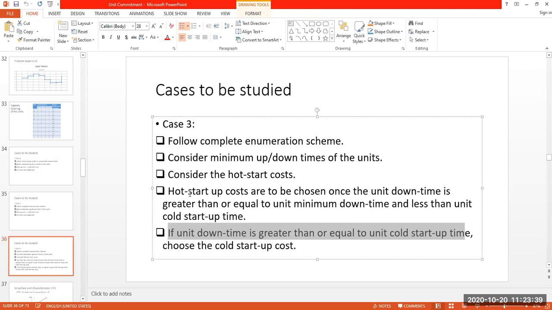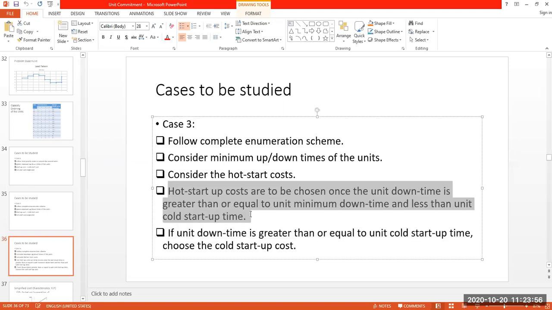But if your unit was simply turned off, let's say, in the previous hour, it has not been cooled down. So first of all, you have to check whether the minimum downtime condition is satisfied or not. If it is satisfied, only then you check whether the unit is still in the hot state or cool state. If the unit is in the hot state, then you choose the hot startup cost.